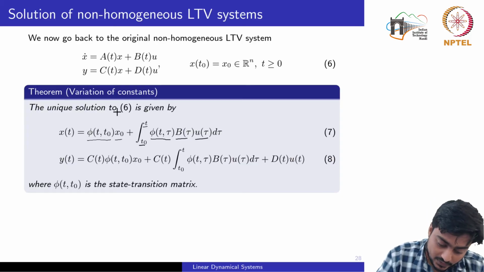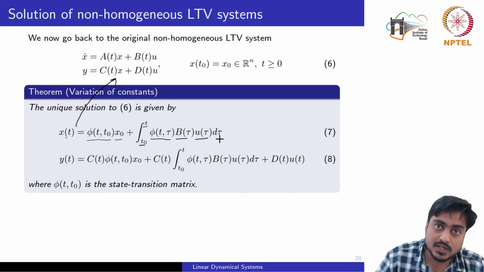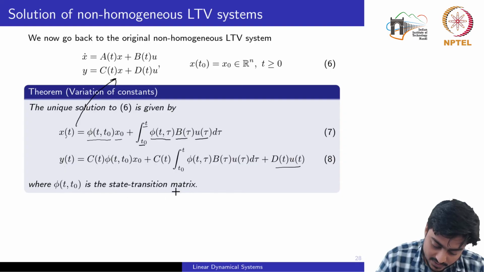Now if I put this x(t) back into this equation, because the second equation is basically the algebraic equation, the second equation says y(t) is equal to C(t) multiplied by this whole expression for x(t), plus D(t) u(t). We know that phi is the state transition matrix.